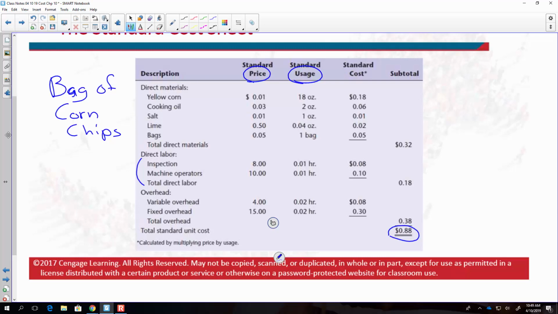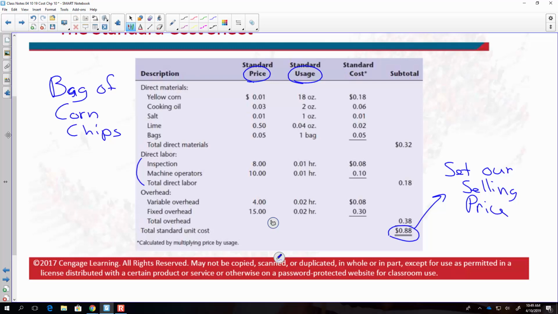Now, this again is or can be used to help us what? Set our selling price for that bag of corn. So this is also used for that purpose. Again, this could be pages long for certain particular products.